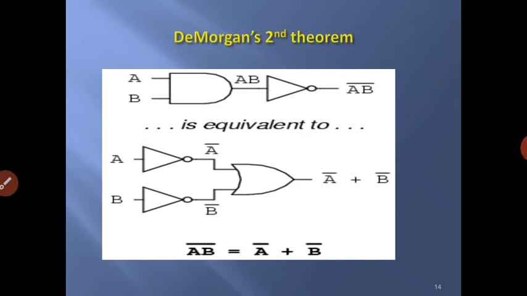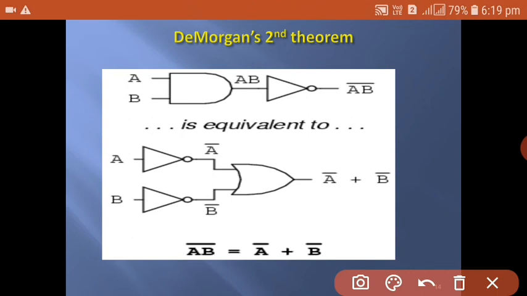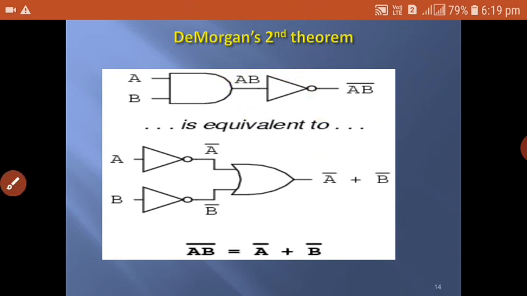So this is the realization of De Morgan's second theorem. Here A into B whole bar is equal to A bar plus B bar. A into B whole bar is nothing but a NAND gate, which is equal to a bubbled OR gate.